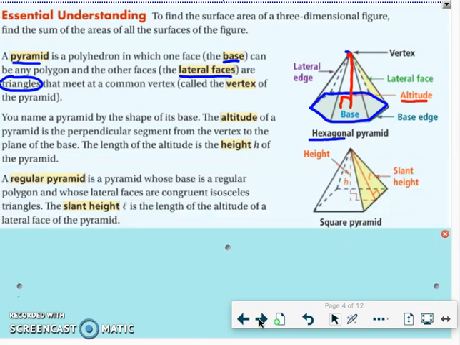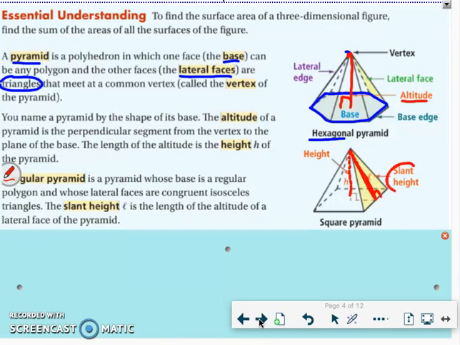A regular pyramid is a pyramid whose base is a regular polygon, and then all the triangles are going to be the same size, isosceles. The slant height is going to be something a little bit better for us today. We don't need to know how tall the pyramid is today. That's a volume thing. What we need to know is how long or how tall is the triangle.